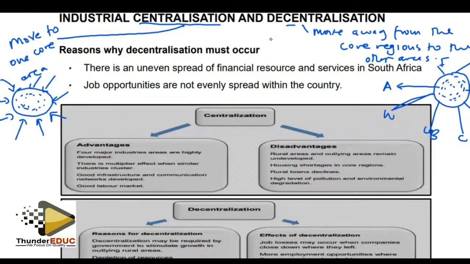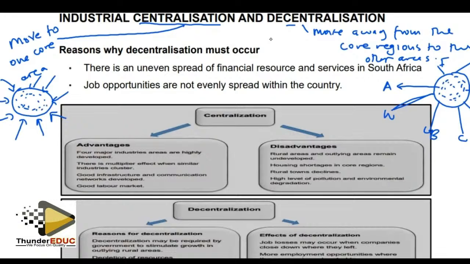As well, job opportunities are not evenly spread within the country, because with industrial centralization, jobs are only focused in particular areas and others are left out.